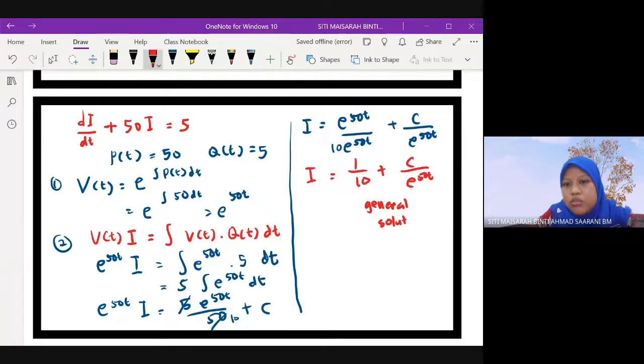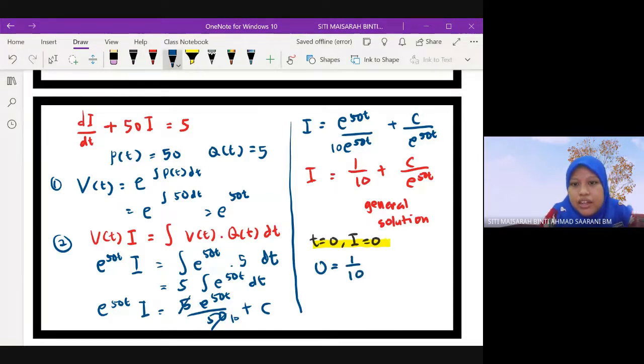So then kita gunakan maklumat dia bagi kat situ T equals to 0, I equals to 0 ni. Kita substitute untuk dapatkan C lah. So then I ganti dengan 0. So jadi 0 equals to 1 over 10 plus C over E kuasa 0. 50 times 0 is 0 kan.